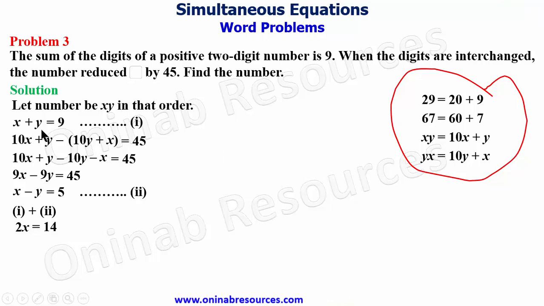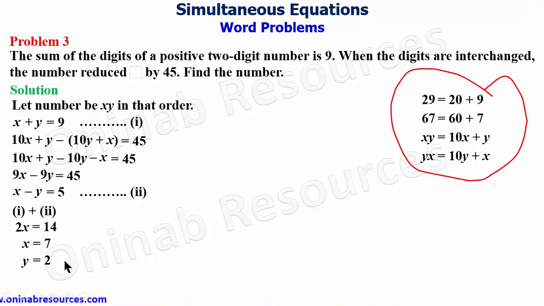So y has been eliminated. Dividing both sides by 2, we have x equal to 7. Then from equation 1, we can see that y is equal to 2. That is going to give us 9 minus 7, which gives 2.